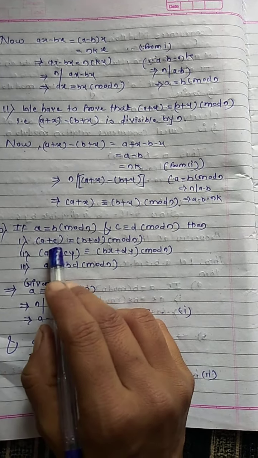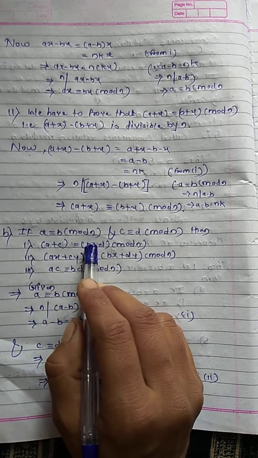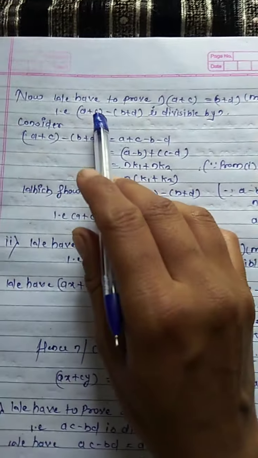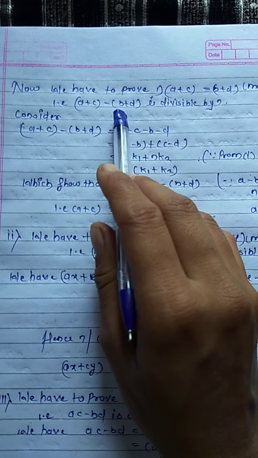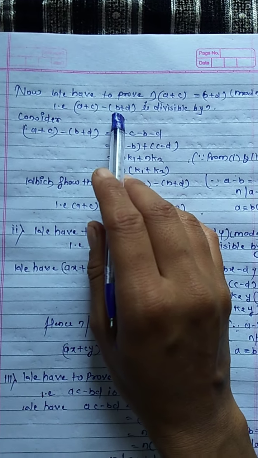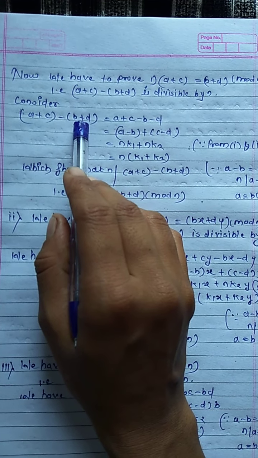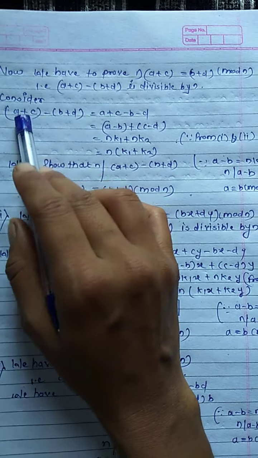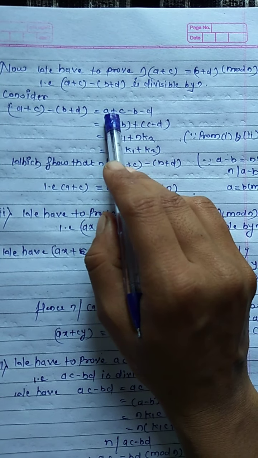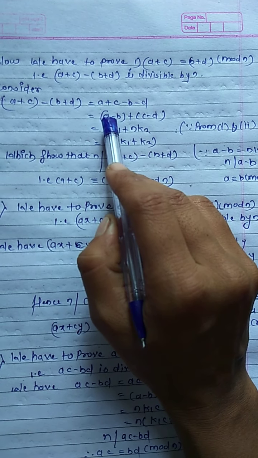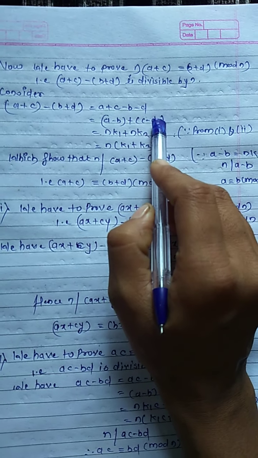We have to prove that a plus c is congruent to b plus d modulo n, that is a plus c minus in bracket b plus d is divisible by n. Consider a plus c minus in bracket b plus d. Solving the bracket, we get a plus c minus b minus d, which is written as a minus b plus c minus d.